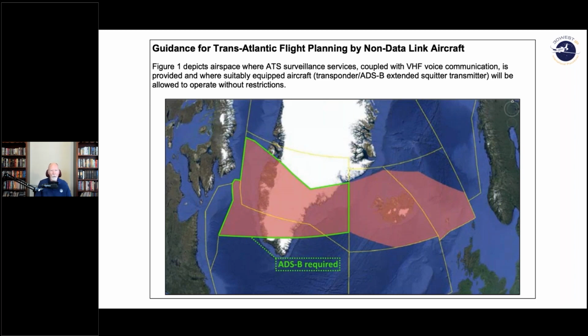So while it's exempting you from the data link approval for FANS 1A, it's not exempting you from the other letters of authorization that would be required within that airspace. So that's coming up, and that AIC is rather timely. We've been talking about it for some time, but it's a good reminder.